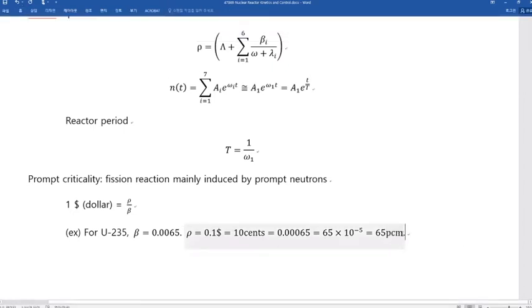This unit PCM is widely used in the field of nuclear reactor control. When you visit a nuclear power plant, you may see that when the senior reactor operator and reactor operator communicate to each other, they may use this unit of PCM.